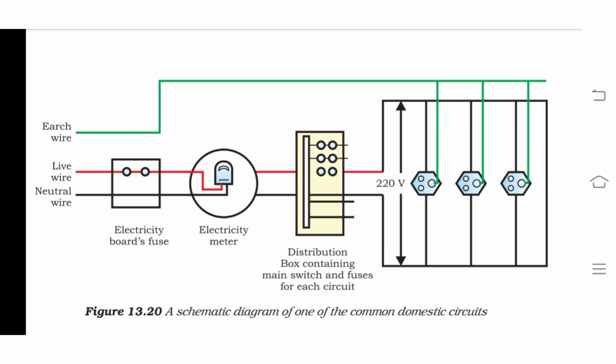Whenever we use the main switch, the current is recorded in the energy meter. How much current we use in the domestic circuits is observed in the energy meter. We also find the potential difference across these domestic circuits, and how many amperes we have used, from the energy meter. Clear?